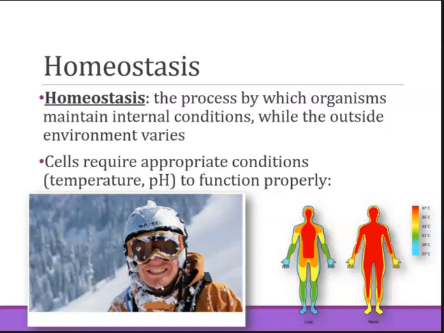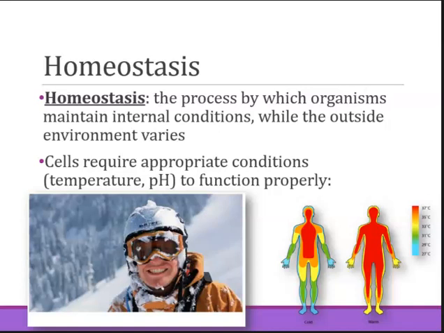We talked about regulatory mechanisms in the last slide. These regulatory mechanisms are important for maintaining homeostasis, or maintaining that internal environment of the body in order to produce these ideal conditions for these organisms to survive.